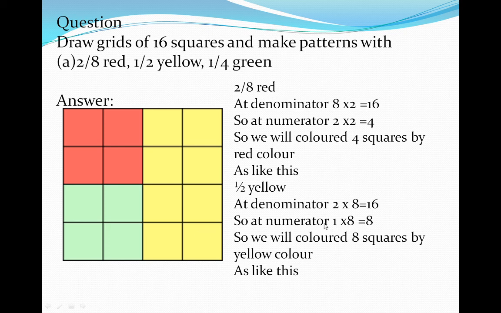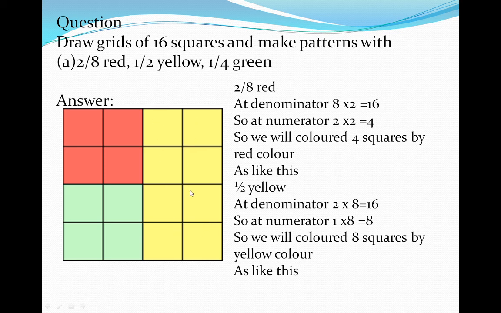So at the numerator 1 into 8 is equal to 8. So out of the 16 parts, 8 squares are colored yellow. So we can count here 1, 2, 3, 4, 5, 6, 7, 8. 8 squares are colored yellow.